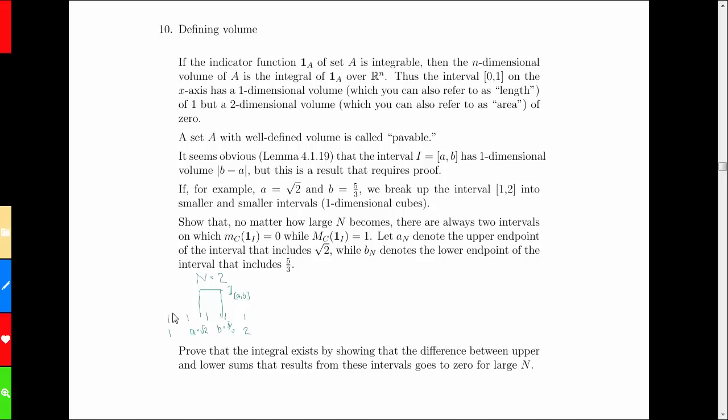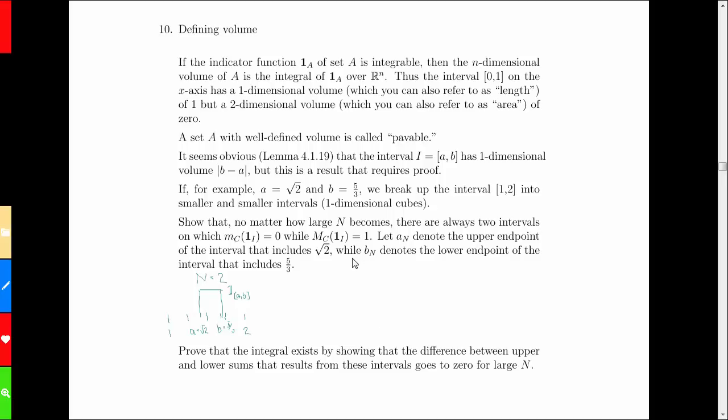And if you look carefully, you will notice that at level capital N equals 2, the infimum of this function is 0 on all 4 of these cubes, but the supremum of the function is equal to 1 on the middle 2 cubes, 0 on the outer cubes. So in that particular case, the upper sum is 1/2, the lower sum is 0.